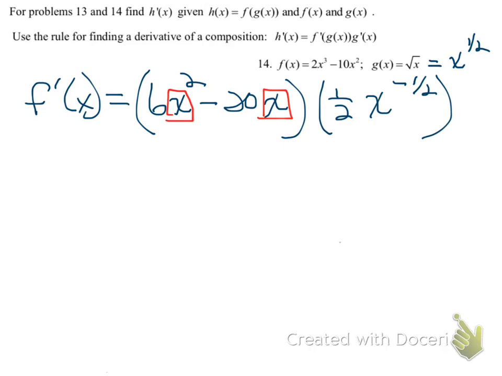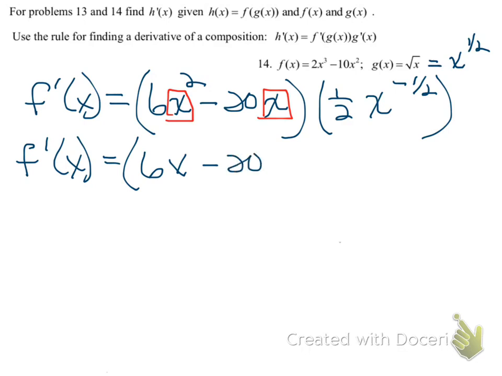Alright, so now let's plug in what we had. So my f prime of x equals 6 times g squared. Well, if g of x was radical x, if you square that, you get x. So this just becomes 6 times x minus 20 radical x, all times 1/2 x to the negative 1/2.